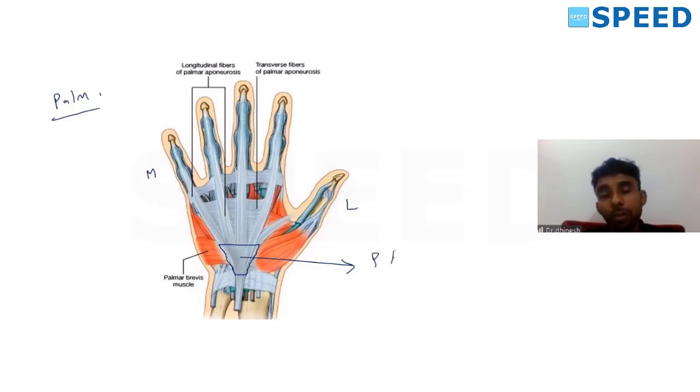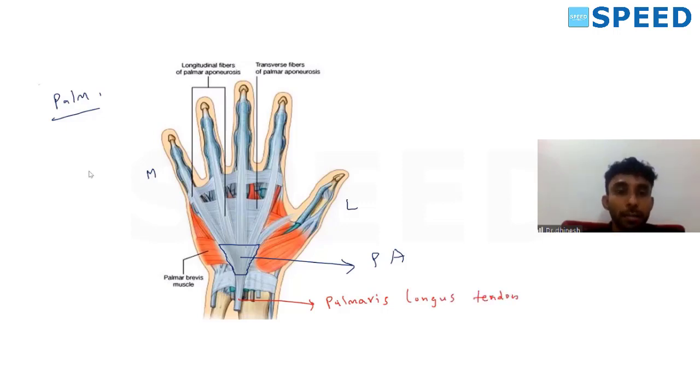Remember, this palmar aponeurosis is the continuation of one tendon from the front of forearm, namely palmaris longus tendon. So palmar aponeurosis is the continuation of palmaris longus tendon. Is it okay?